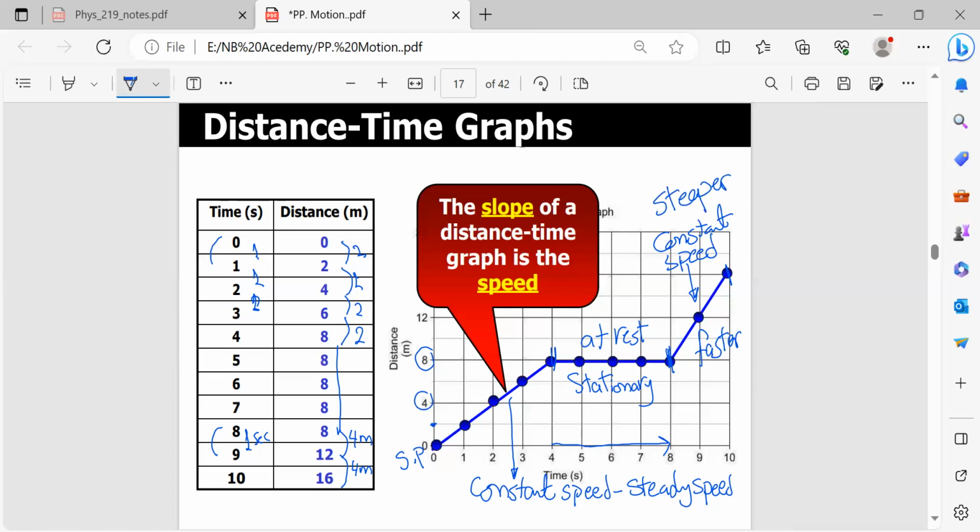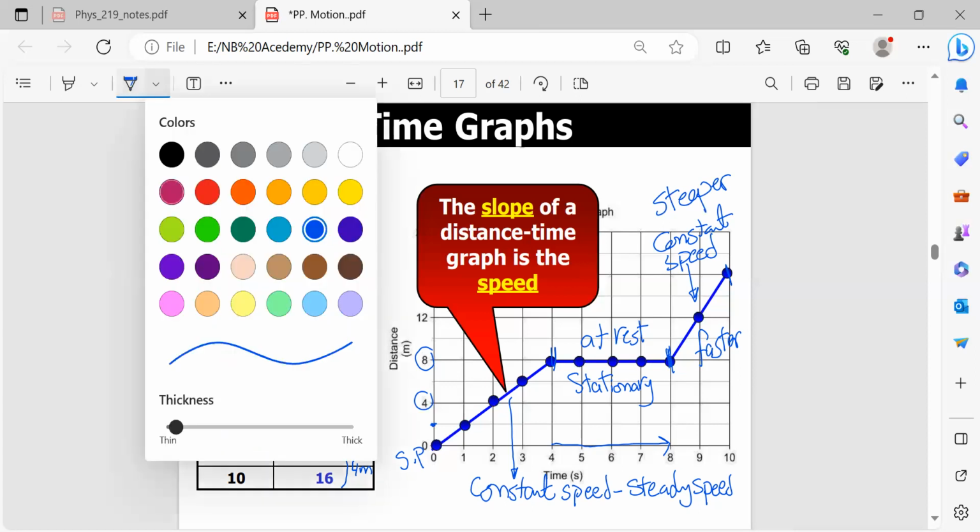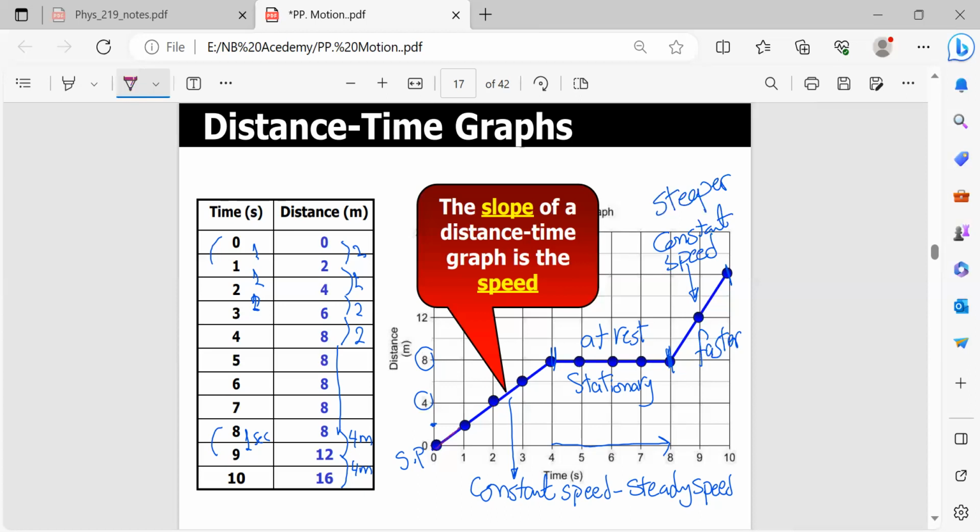The steeper graph means that the graph is moving towards the y-axis rather than the x-axis. So if you compare the first section of the graph and this part, you will find that the last section of the graph is faster than the first section.